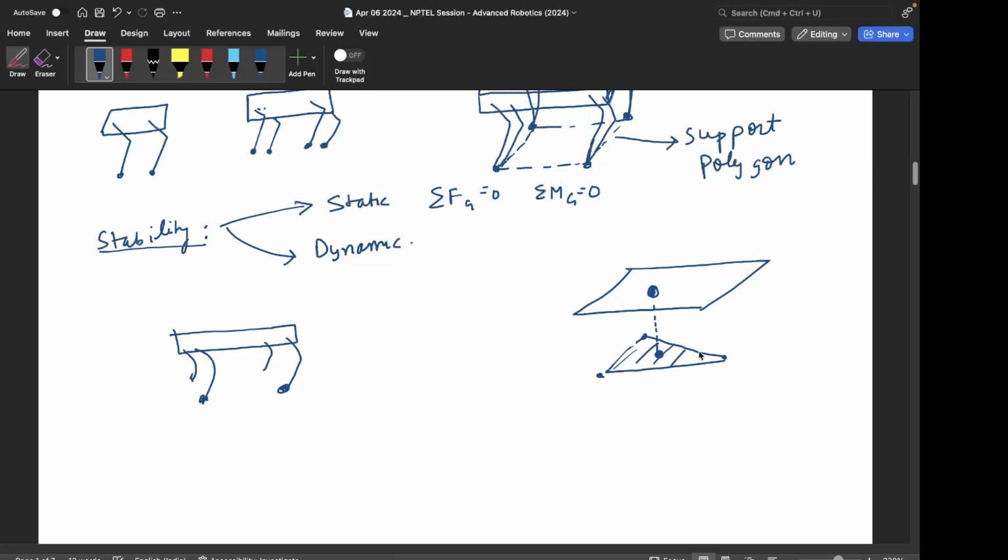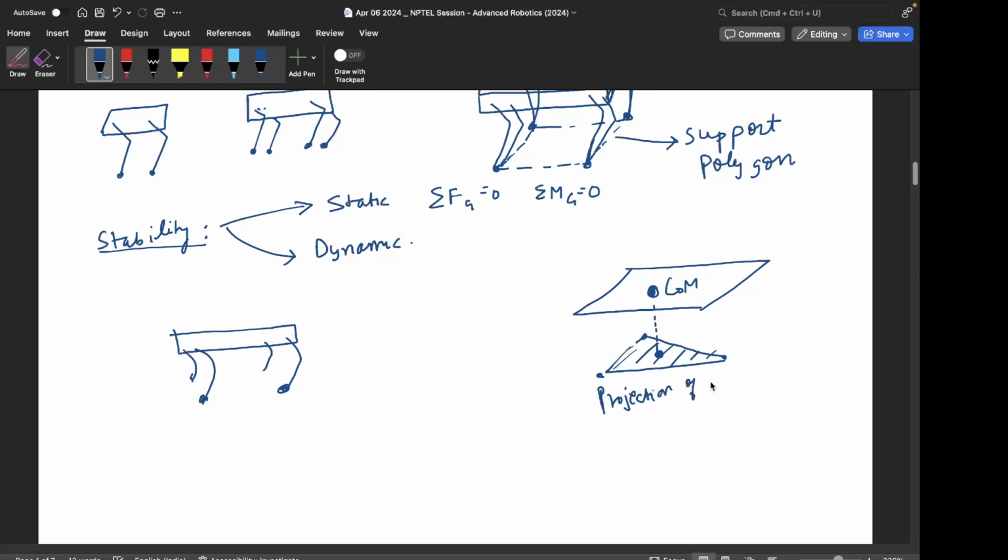So this is the support polygon, this is the center of mass. So center of mass projection on the ground. So if you just drop a perpendicular from the center of mass to the ground, the point that you get should be inside the support polygon.